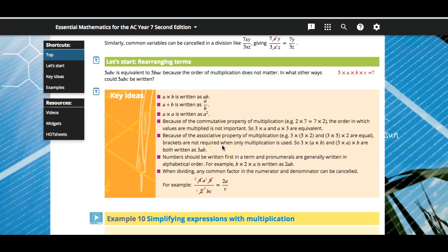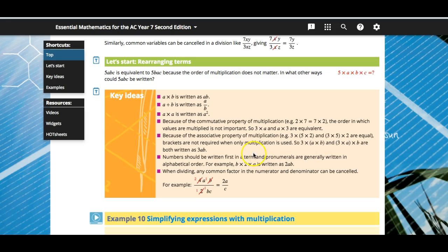Okay, so the fifth point is basically saying brackets aren't needed. If you've got lots of multiplying, the order doesn't matter, and also the brackets are irrelevant, because when you multiply 3 or 2 or 3, 4, whatever numbers, you're going to get the same answer. So if I did 2 times 5 times 10, I'm going to get the same answer if I did 5 times 10 times 2 or 10 times 5 times 2.